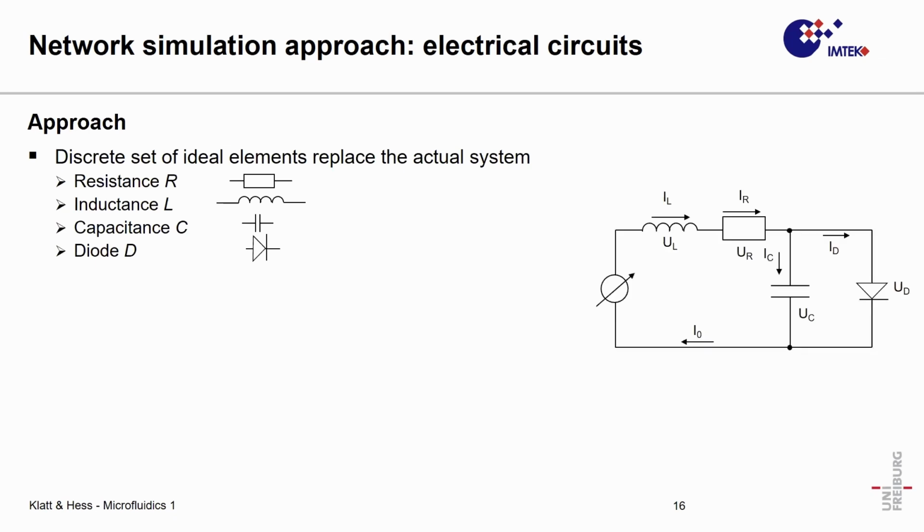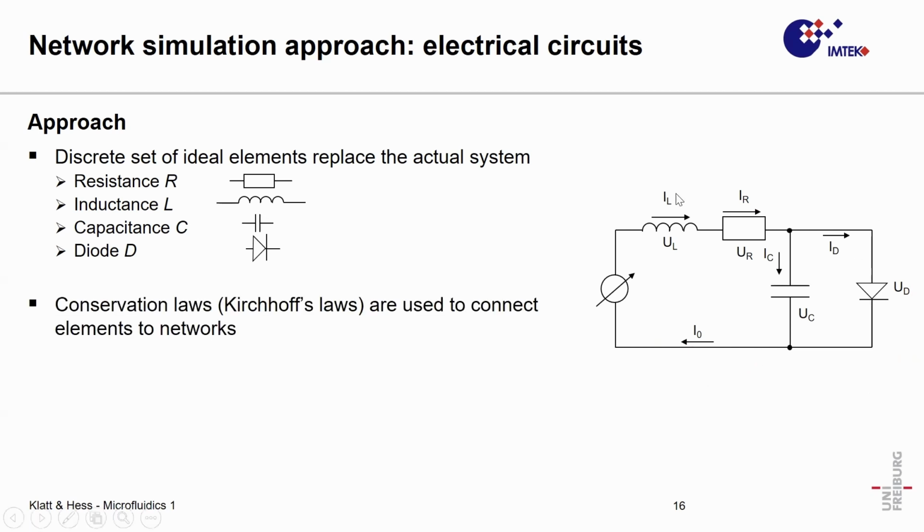And what you now do is you look at your system and you think of how the individual components behave, and then you set up such an equivalent electric network, and those can be simulated or calculated quite easily. And the connection between all those elements here is done by applying conservation laws, the so-called Kirchhoff laws. And you should know these already.